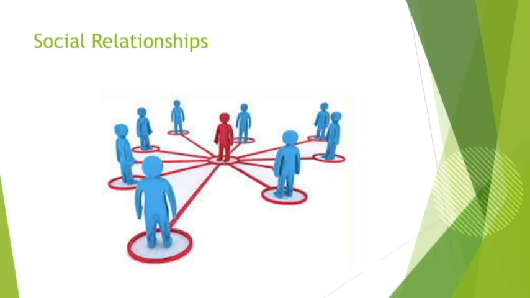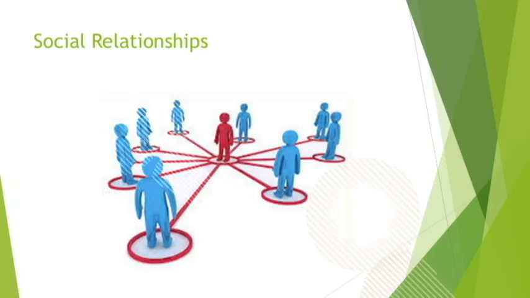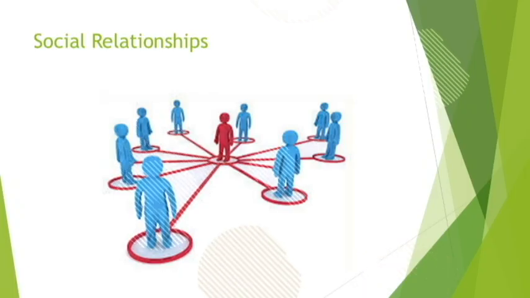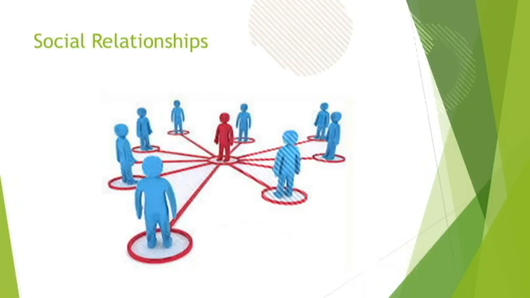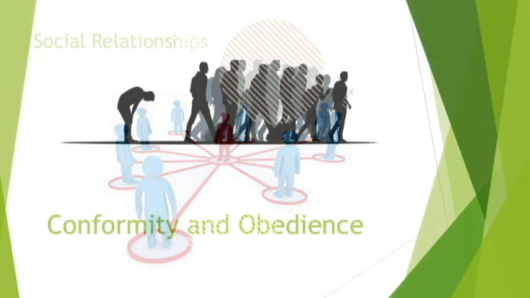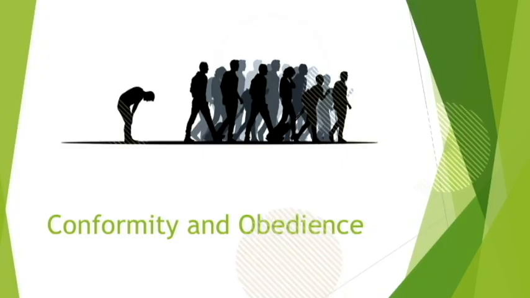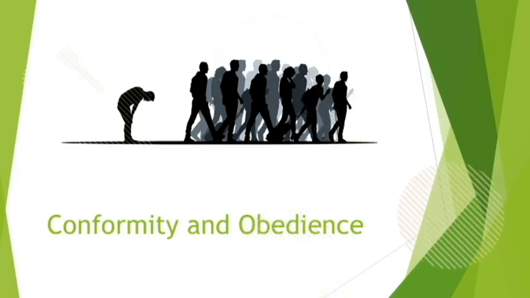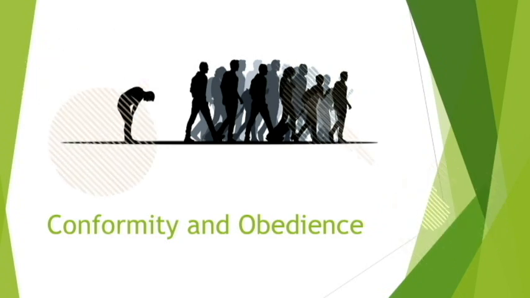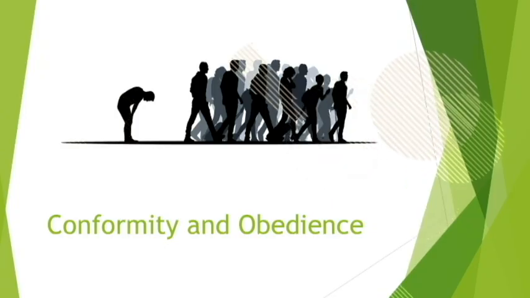Now, let's shift a little bit in this general theme of social relationships to group dynamics, which examines how individuals behave in groups and how group memberships affect individual behavior. One famous experiment in group dynamics is, of course, Philip Zimbardo's Stanford Prison Experiment. In this study, college students were assigned to play the roles of either guards or prisoners in a mock prison setting.